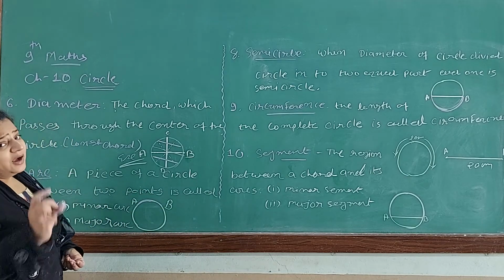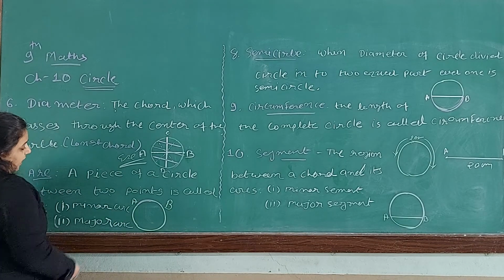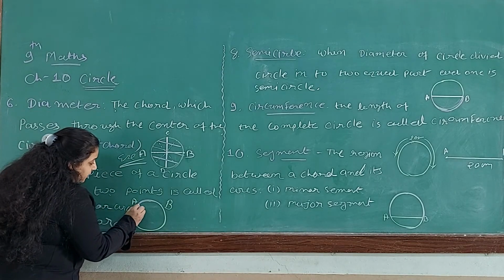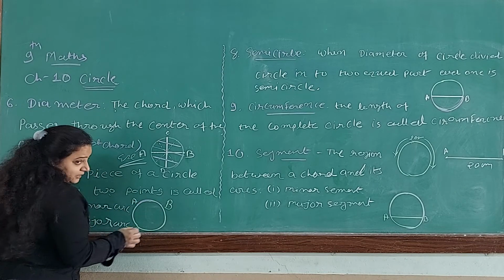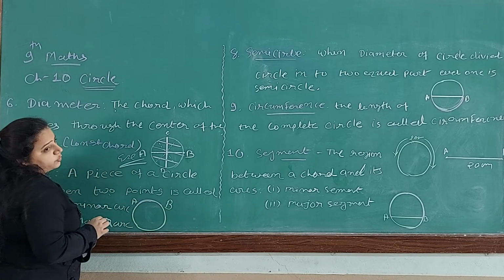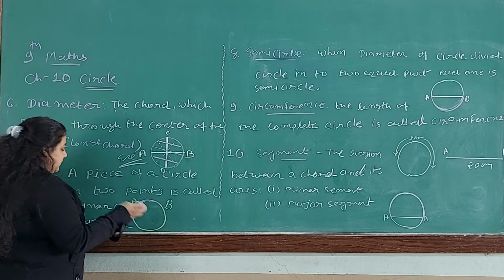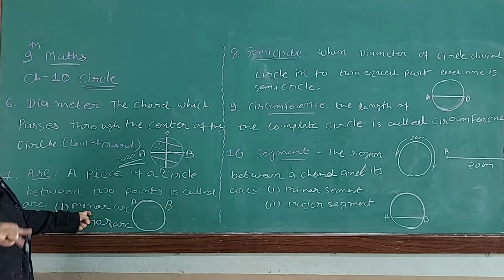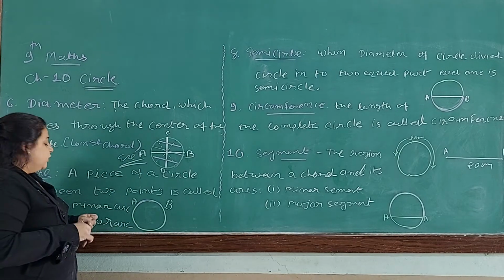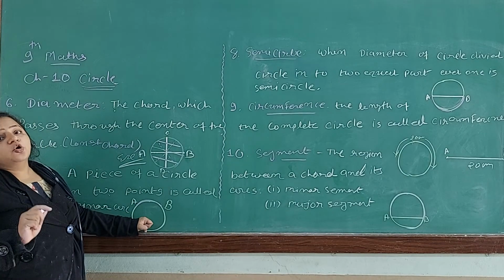Now, arc has two types, minor arc and major arc. From the diameter, you can see that this is the piece of a circle, AB. And this one is a bigger piece of a circle. It is also AB. So this purple color AB is the minor arc, and the green color AB is the major arc. In short, a piece of a circle is known as arc.